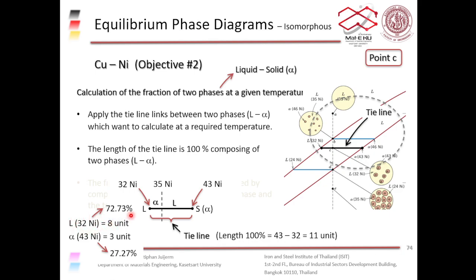So imagine we have 100 kilograms of our alloy. At this temperature, 72% is still in the liquid phase, and 27% is the solid phase, alpha, right? So if we start off with 100 kilograms, we have 27 kilograms as solid alpha, and 72 kilograms as the liquid phase.